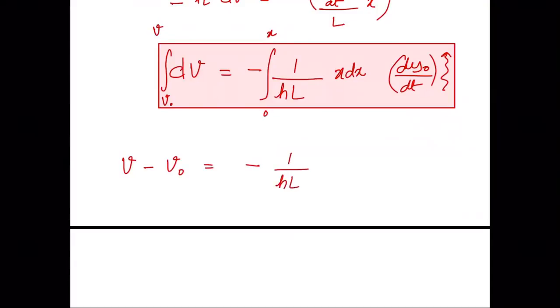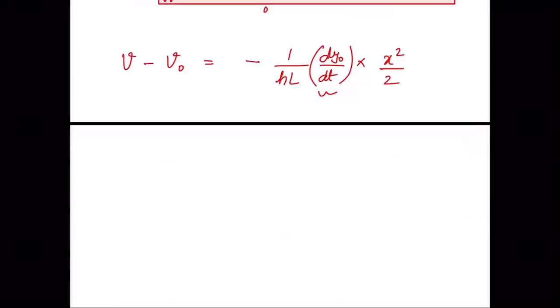At a particular instant, this dy naught by dt is also constant into x. Well, it is increasing at whatever rate, that is constant for all those sections, right? Into x into dx integration will be x square by 2. 0 to x will still give me x square by 2. So what I have is v equal to v naught minus x square by 2h into L dy naught by dt.